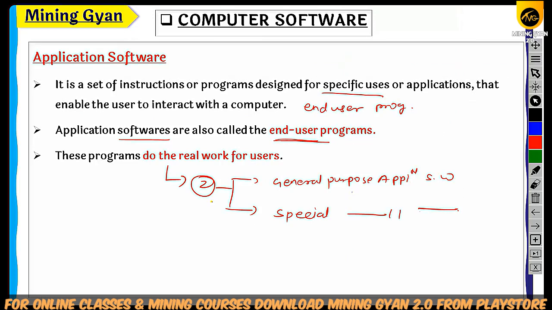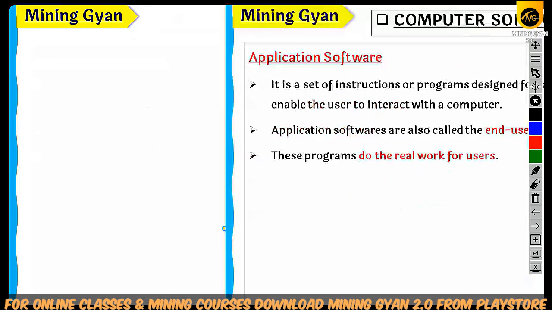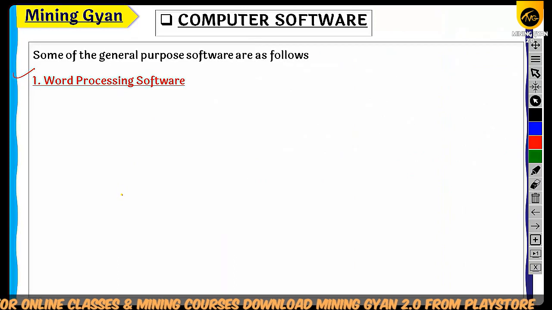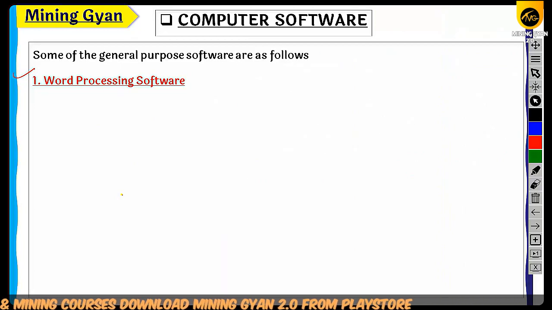Now, some of the general purpose software are as follows. First one is word processing software, like MS Word, OpenOffice, and WordPerfect.